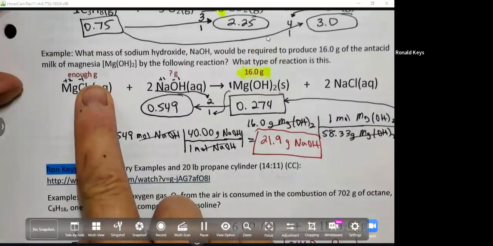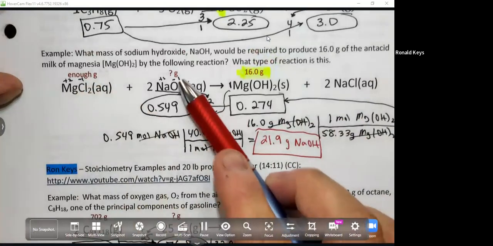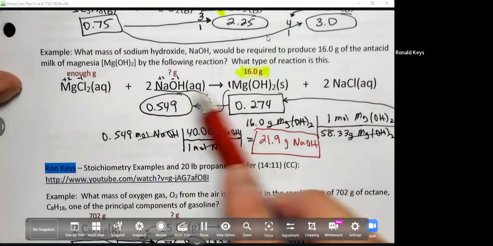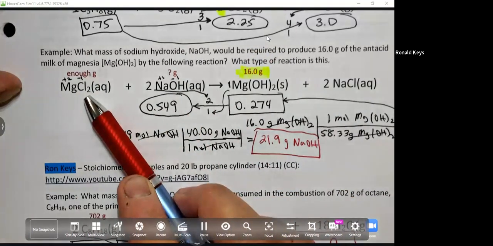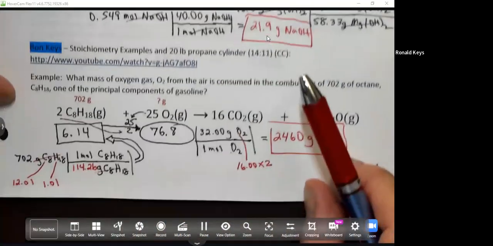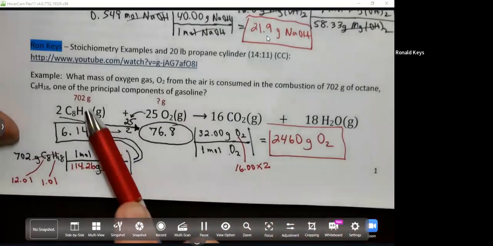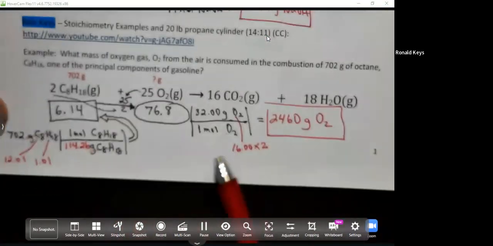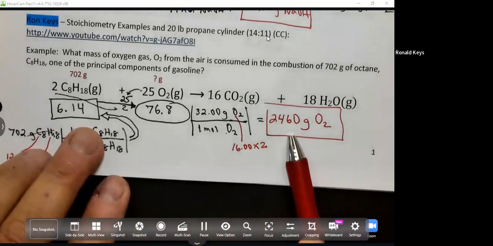I have the word enough grams up here. Realize we calculated how many grams of sodium hydroxide we need. The reaction is not going to take place unless we have magnesium chloride to go with it, right? Down here, we have 702 grams of octane. We calculated that it would take 2,460 grams of oxygen.